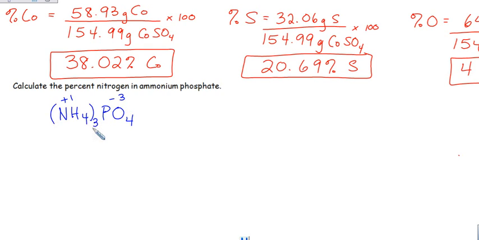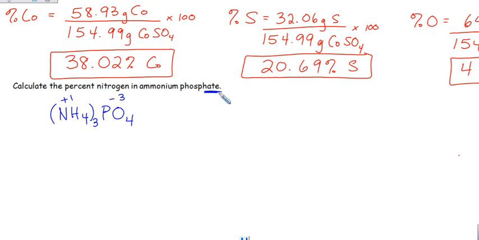Now, the one thing that I do like about this is sometimes people make silly little mistakes when calculating their molar mass. Or, I guess for that matter, even in writing the formula. Make sure that you used phosphate, the polyatomic, not phosphide. Phosphide would just be regular phosphorus minus 3. Make sure that you have parentheses around the ammonium.